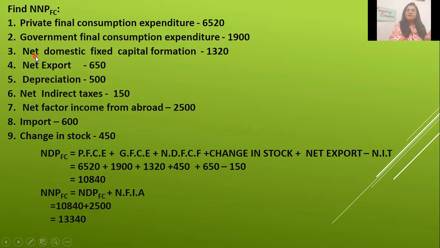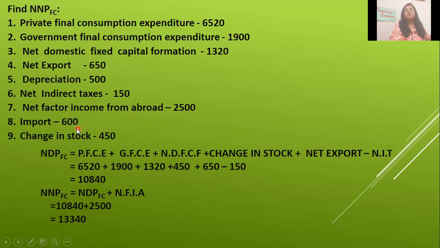When net is given, we don't have to deduct depreciation. We have to ignore depreciation. And when fixed is given, we have to add change in stock. So two things you have to remember. Then net export is given, depreciation is given, but we do not require depreciation. Net indirect taxes is given, net factor income from abroad is given, and import is given. See, net export is also given and import is also given.